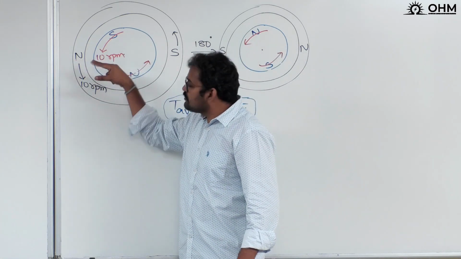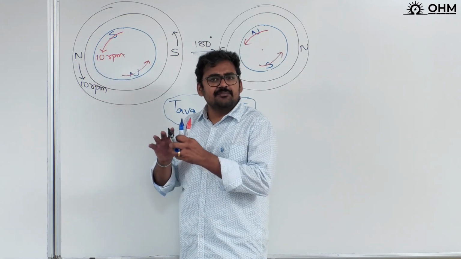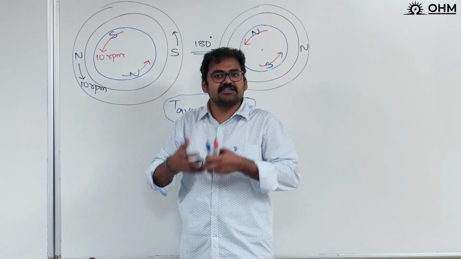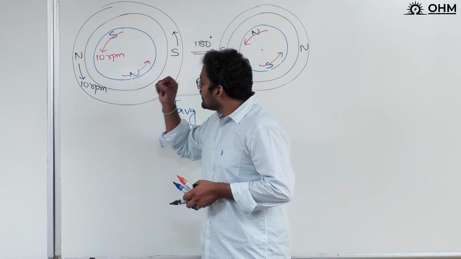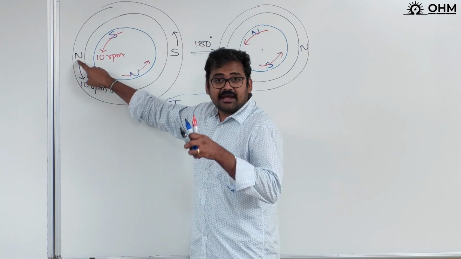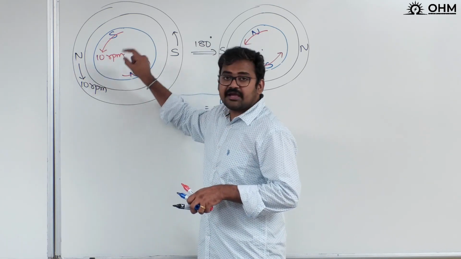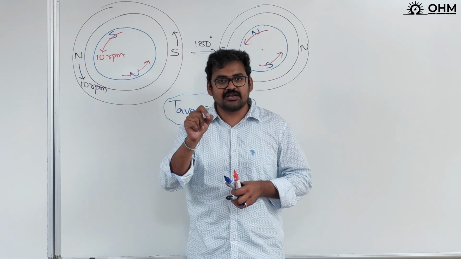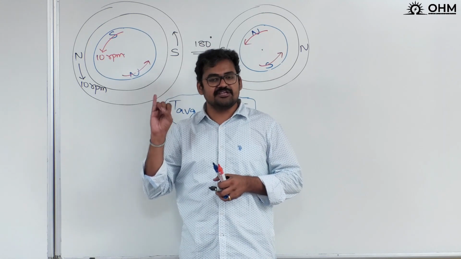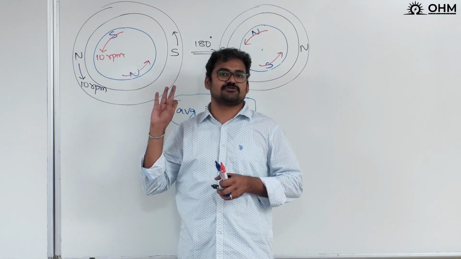Relative speed between poles means, can I say simply relative speed between fields, because poles will create magnetic field. Therefore, the second condition is the relative speed between stator magnetic field and rotor magnetic field must be equal to 0. This is very crucial and it is true in case of DC machine, synchronous machine, induction machine also.